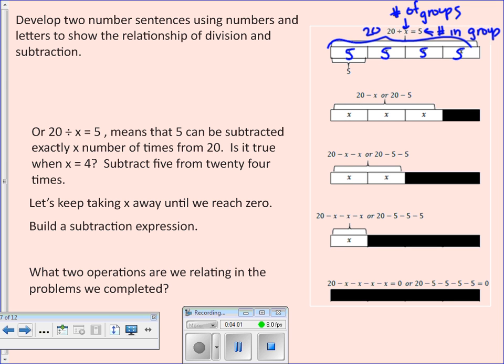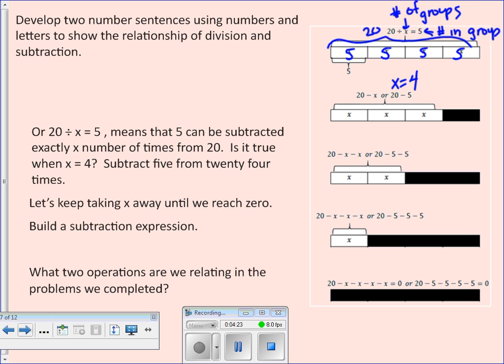So if my quotient 5 is telling me how many are in each group, how many groups are there? If there's 5 in each group, how many groups are there? Right, so now I know x equals 4. Okay? So that's two different ways to look at it.